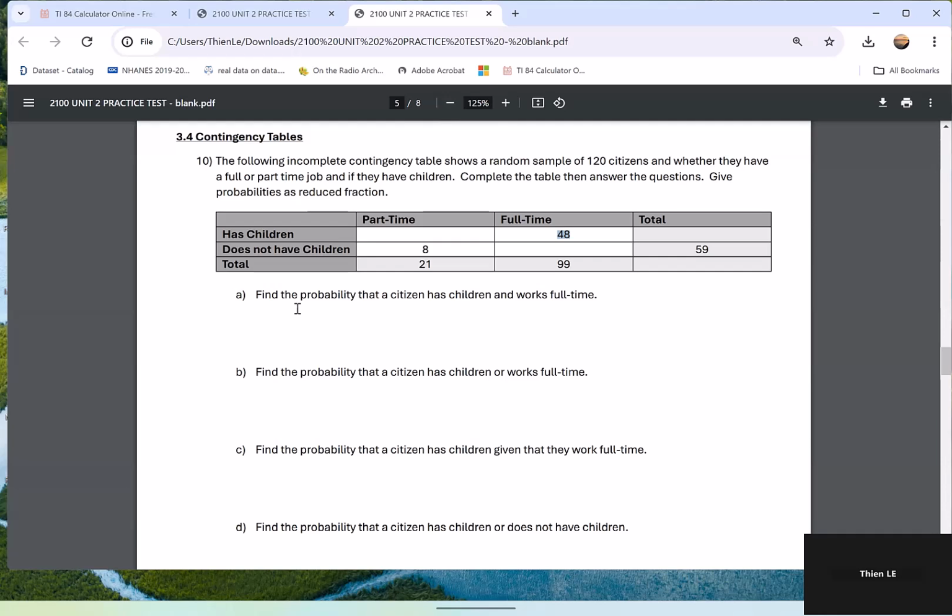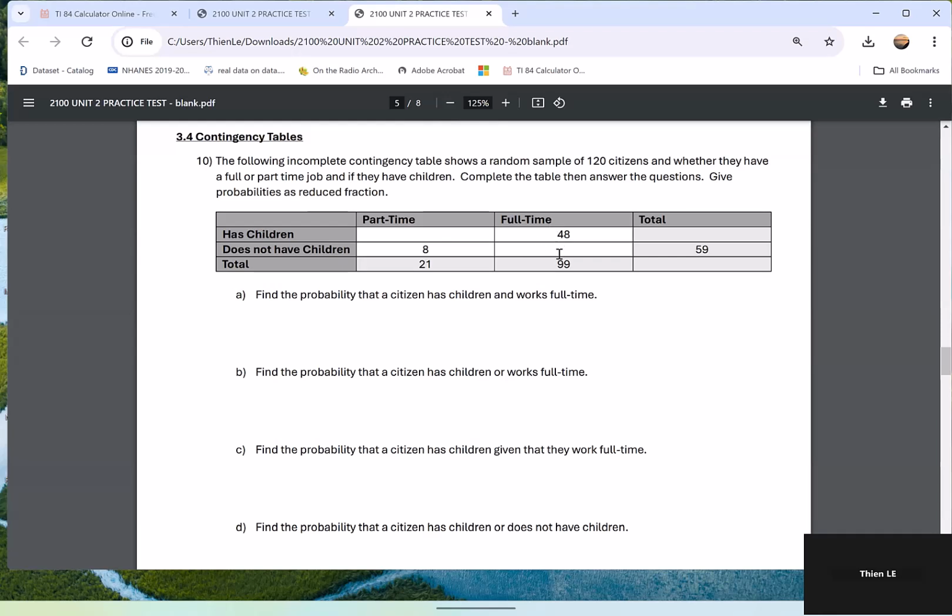Find the probability a citizen has children or works full time. In this case, it's an OR event. A citizen who had children, so we belong to the first row, or works full time, which is the second column.